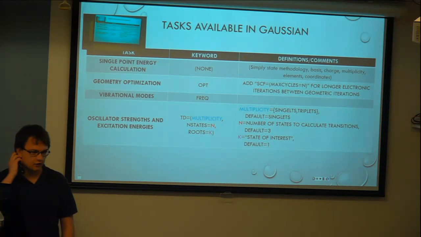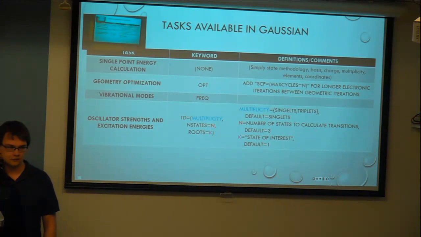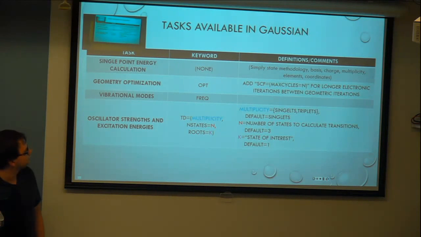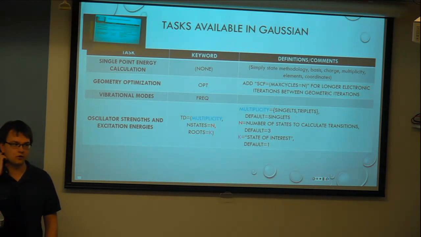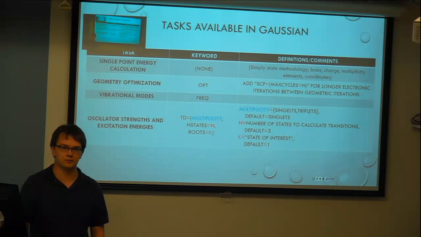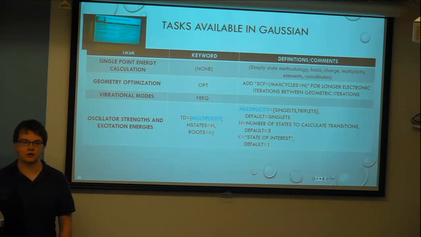And I often run into this problem in some situations where I need to increase the number of iterations of the electronic structure, because the default is something like 129, which is usually enough, but sometimes I bump it up to like 500 or something, which ends up working pretty well.